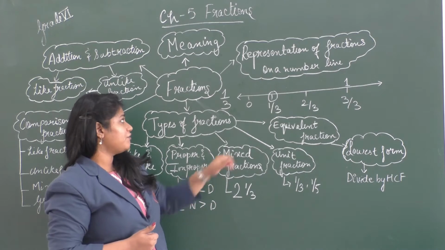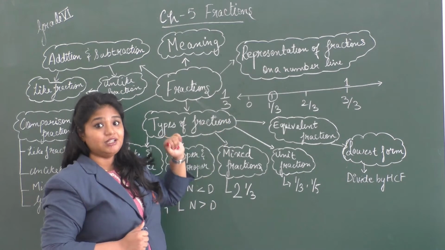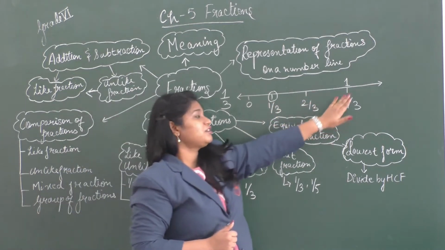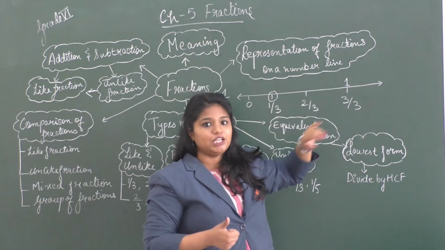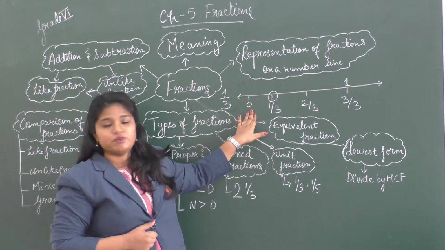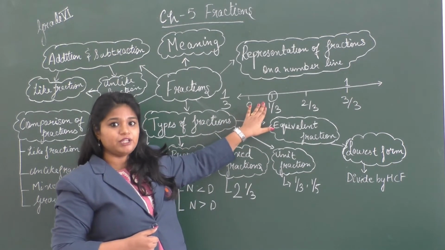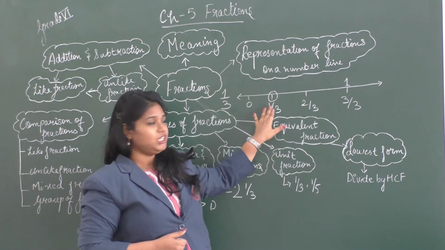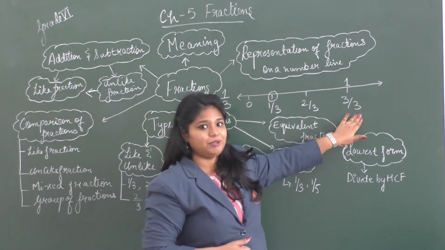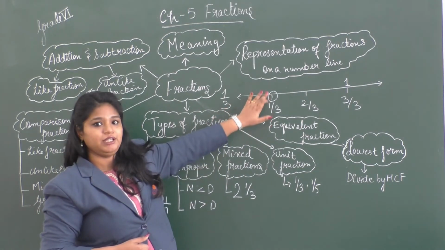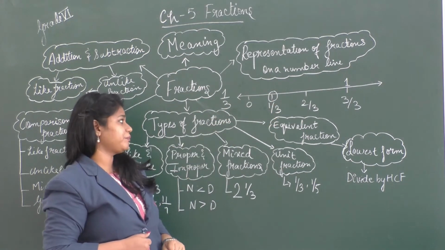Here the denominator is 3, so we will make 3 equal partitions on the number line. First we will mark 0, and then the first marking will be 1 by 3, 2 by 3 and 3 by 3. So the required fraction is 1 by 3. We will circle that marking.